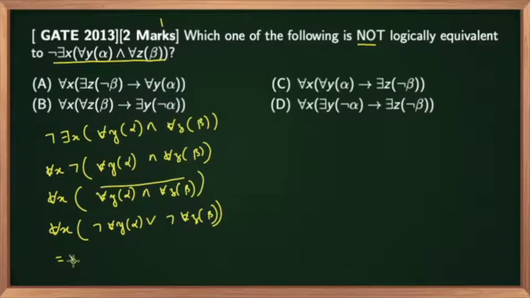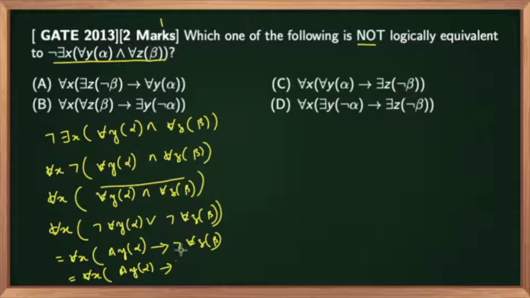This I can write as for all y alpha implies not for all z beta, so that's equal to for all x, for all y alpha implies there exists a z not beta, right? So that means choice C is also equivalent to this expression.